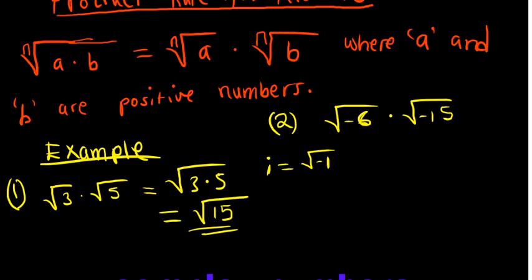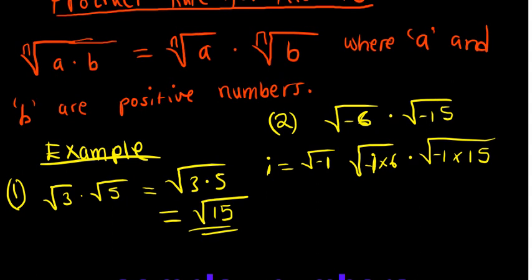So you have i here. So it was like this: the square root of -1, then you multiply it by 6, and the square root of -1 times 15.